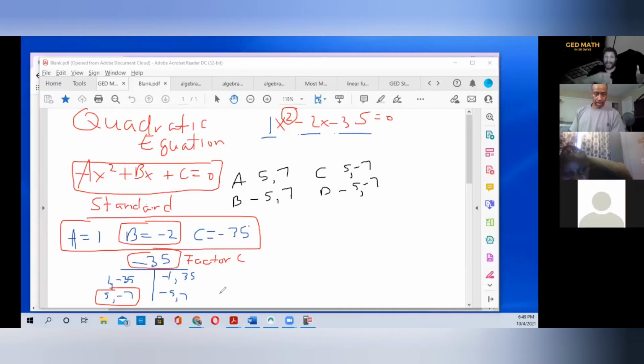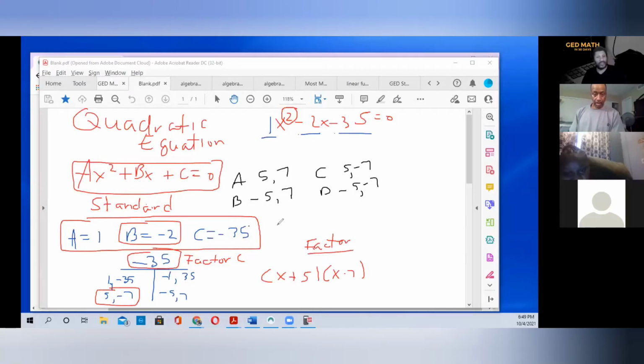Or if you want to look at it, -7 plus 5 is -2. So these 2 numbers will tell you how to factor this quadratic equation. We've got a +5 and a -7, so x plus 5, x minus 7. This is how you factor the quadratic equation.